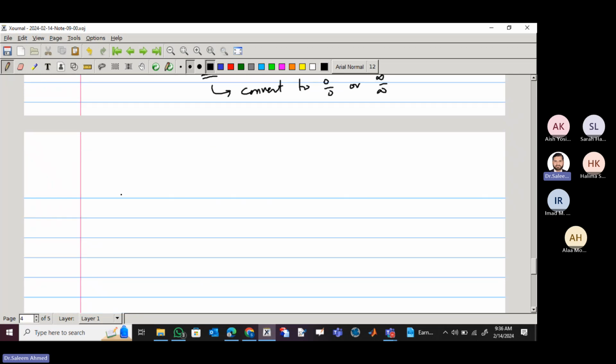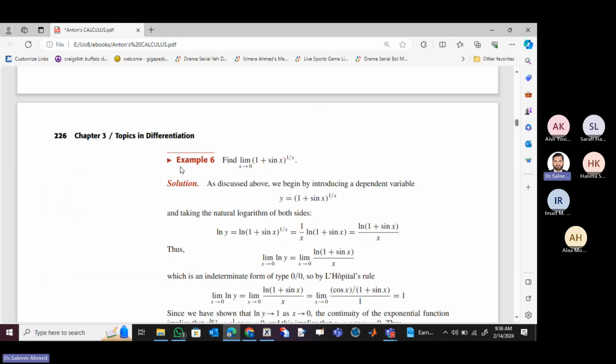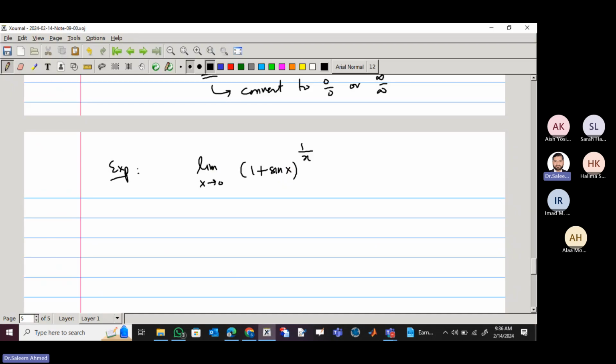So let's say an example was given: limit of 1 plus sine x to the power 1 over x, as x goes to 0. If x goes to 0, sine x becomes 0. So you get 1, and 1 over 0 is infinity.